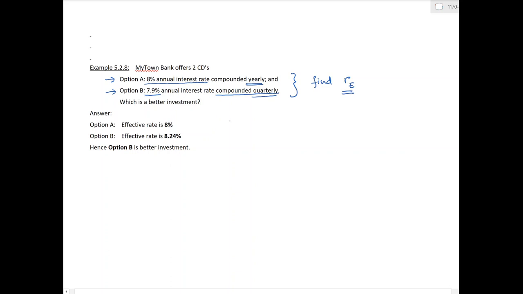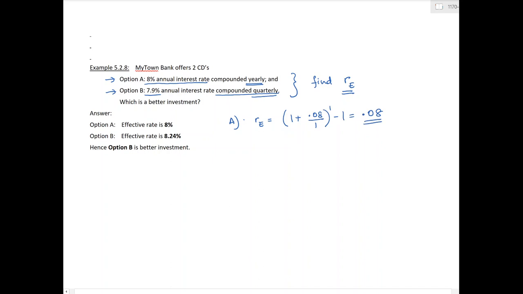So let's look at option A. What is the RE? It will be 1 plus R, which is 0.08 over the compounding period, which is 1, raised to the power 1 minus 1, and that comes out to 0.08.